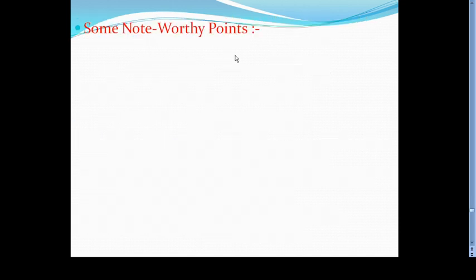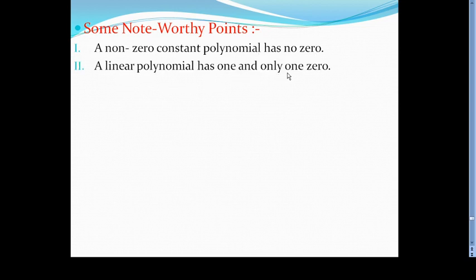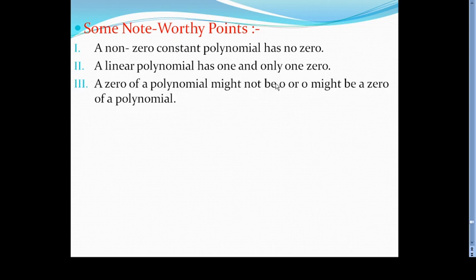Now some noteworthy points, just have a look. A non-zero constant polynomial has no zero. So a non-zero constant polynomial, that means it is not 0, so it has no zero. Obviously it does not have any variable, so how can it have a zero? Then a linear polynomial has one and only one zero. A linear polynomial is one whose degree is 1. Only x raised to the power 1 is there, whose degree is 1, so it has only one zero. Now, a zero of a polynomial might or might not be 0.